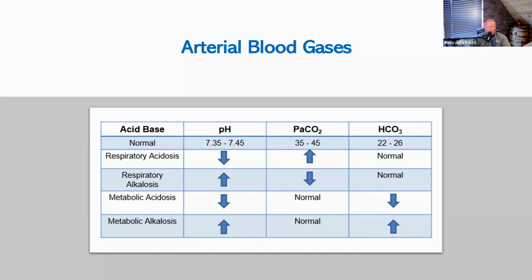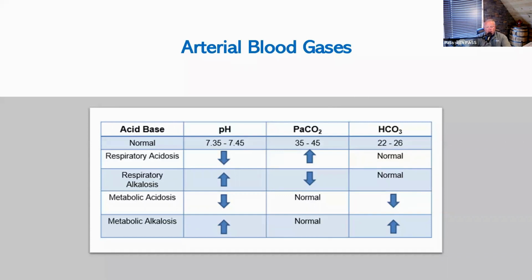So I'm going to jump ahead just for a second and explain to you a mnemonic that we will be using called ROAM. And what ROAM means is respiratory opposite, metabolic equal, or even. And I'm going to explain what I mean by this using this chart. So the first thing that we're going to do when we're looking at ABG interpretation, we always say that there are 3 names to a person or to a baby, right?